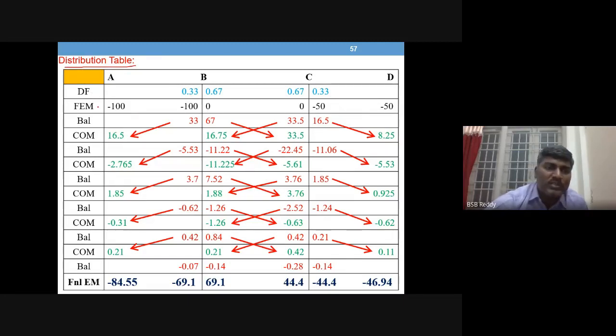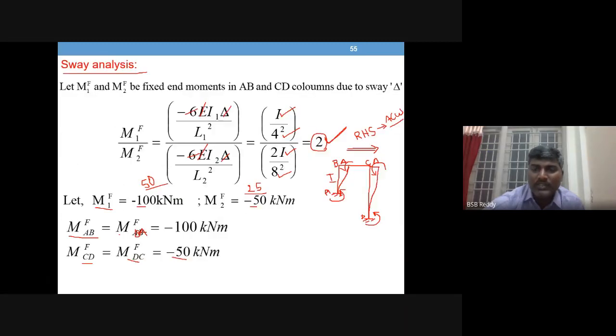Fixed end moments now are -100, -100. For BC there won't be any sway moments, 0 and 0, whereas CD has -50, -50, because BC will not bend.